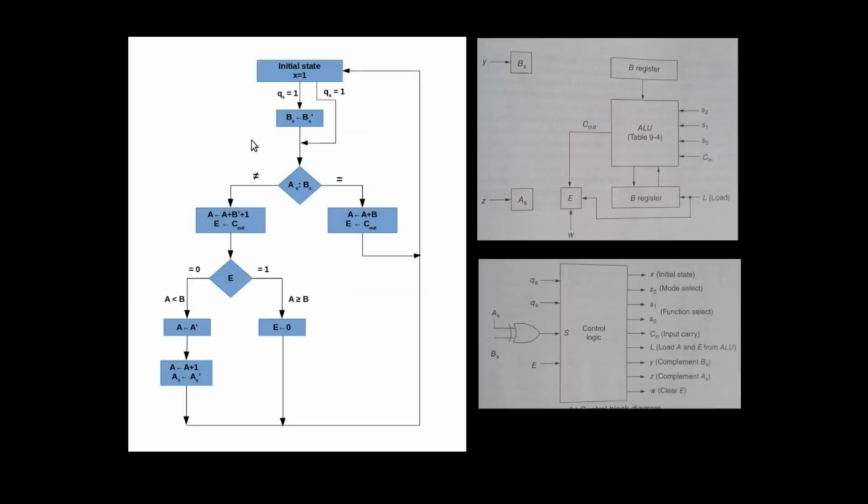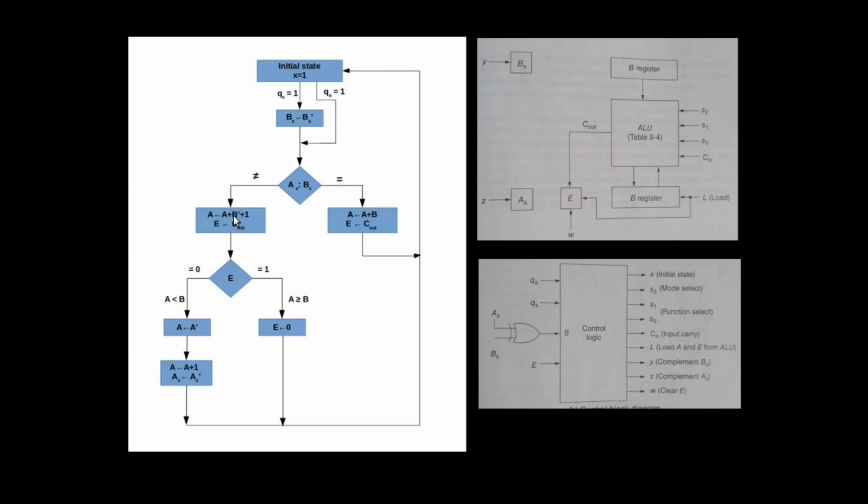Then if E is equal to 1, that is A is greater than or equal to B, in that case the result will be in correct form. After performing the subtraction of A and B, the result will be in correct form, because the result will be a positive value.